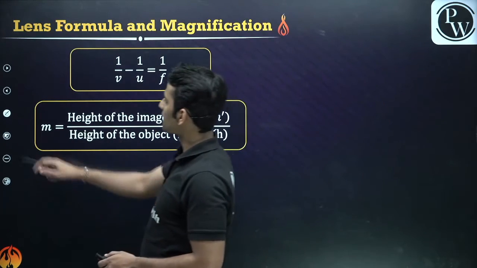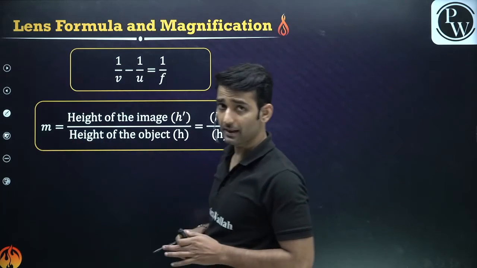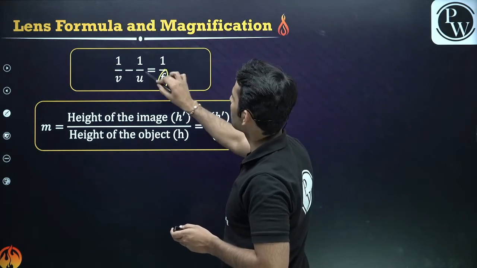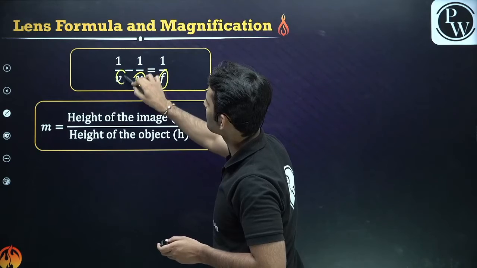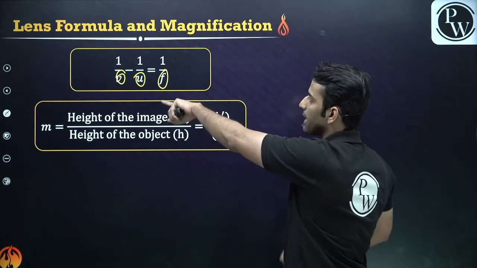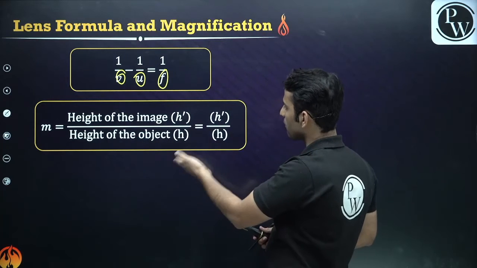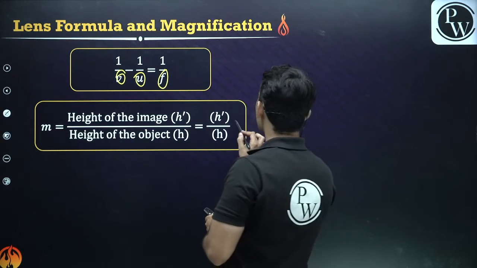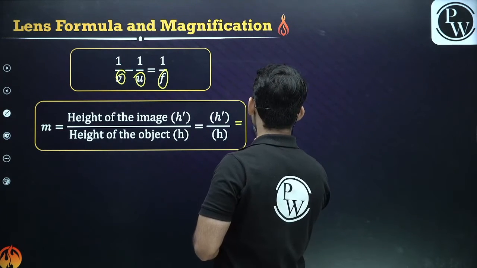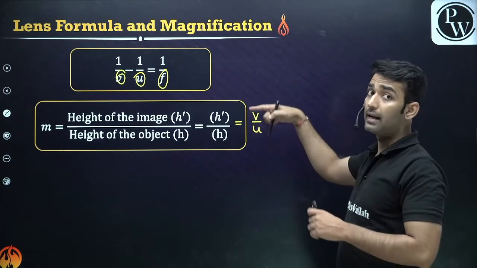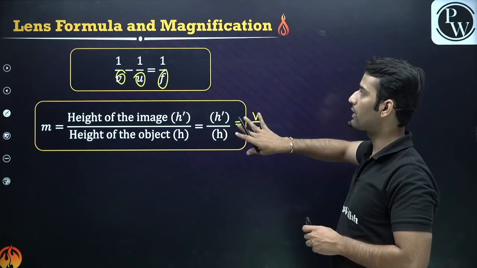Fine guys, now like we had in mirrors, we have a similar formula in lenses. This is the lens formula, with focal length, object distance, image distance, but the difference is we have a negative here, right? Similarly in magnification, it is the ratio of image height to object height, and it also equals V by U. Here we don't have a negative. Can you notice? In mirror we had negative, here we don't have negative.